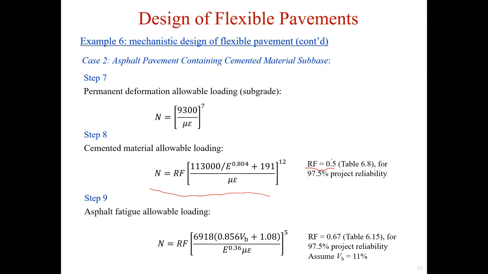Step 9 is to determine fatigue criteria for asphalt using this formula. Where the RF is taken as 0.67 from table 6.15 for 97.5 project reliability. The effective volume of bitumen VB is taken as 11%.